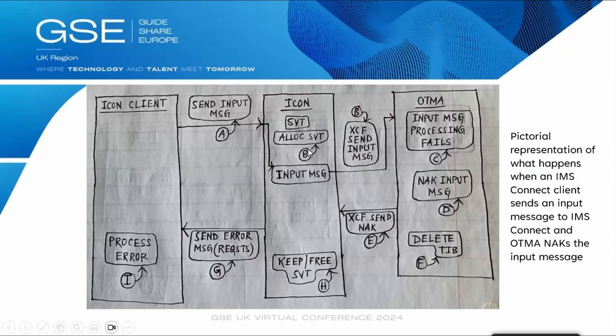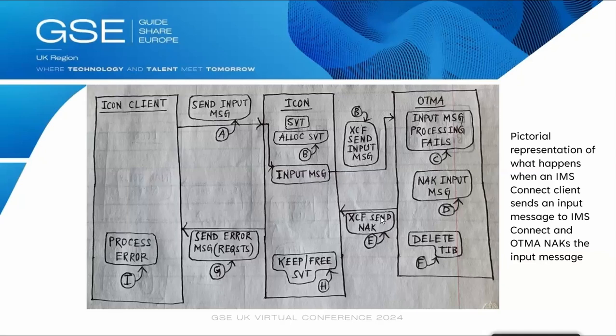B, IMS Connect will allocate an SVT control block for the client if it doesn't already exist, and will send the input message to IMS OTMA via cross-system coupling facility, or XCF. So this is all standard.